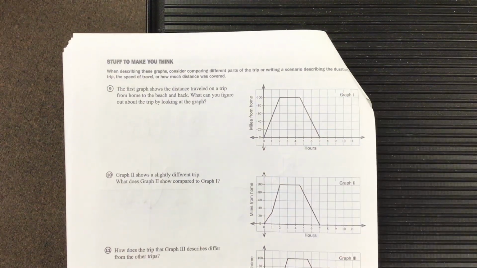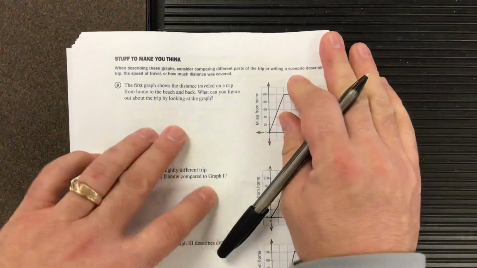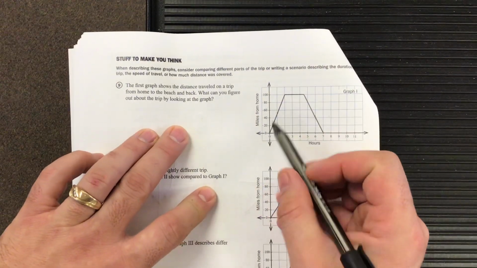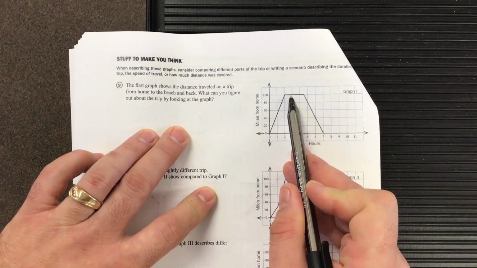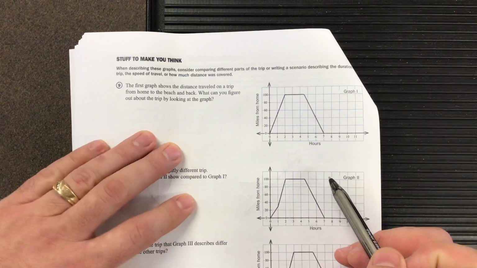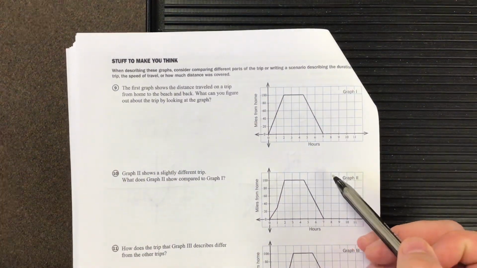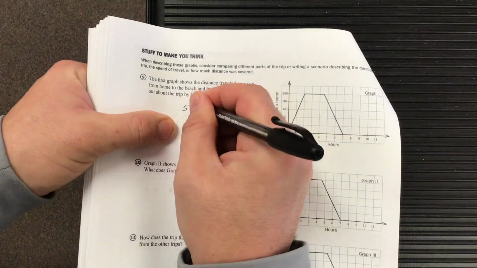Okay, question number 9. Miles from home. Looks how it's flat here, and then we return home. So what can we tell about the figure by looking at the graph? I would say we started at home.